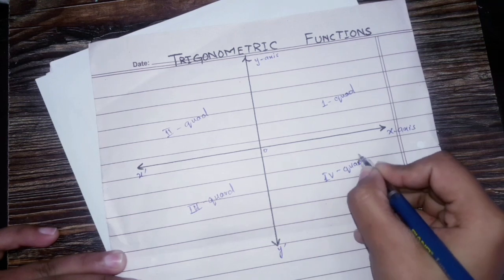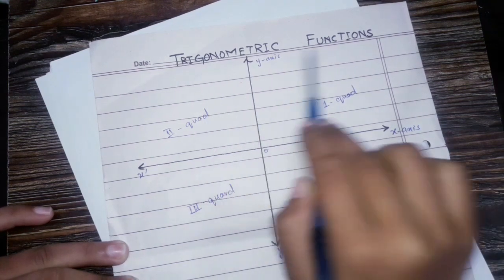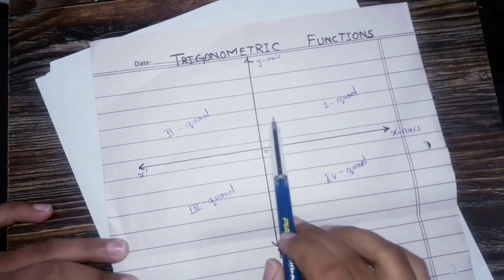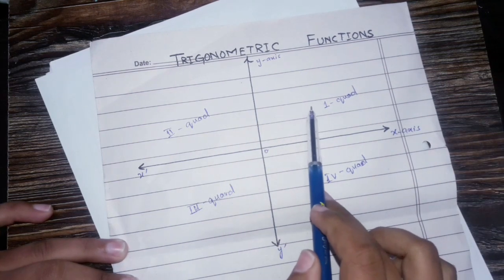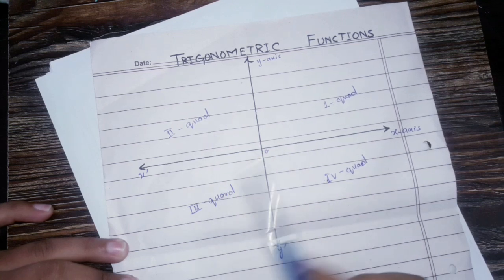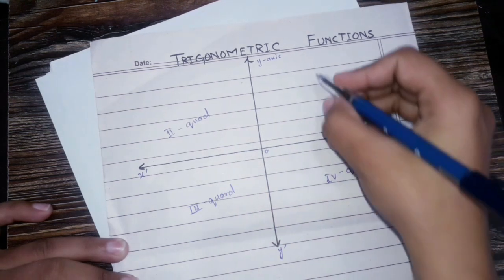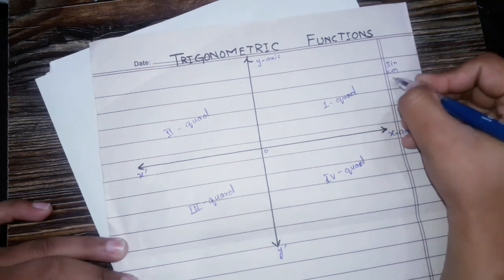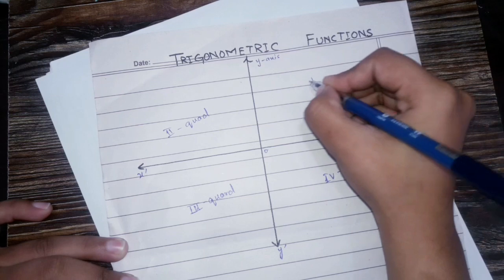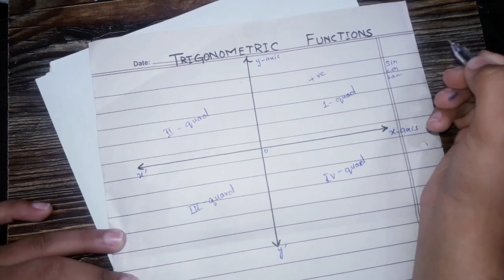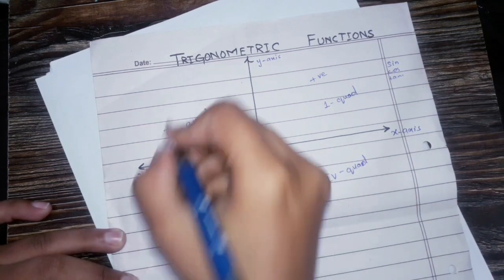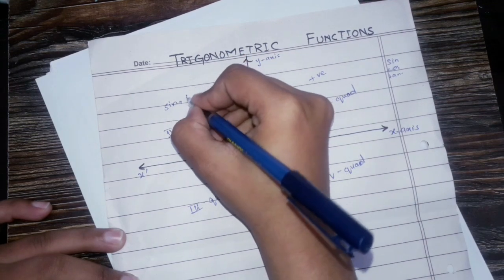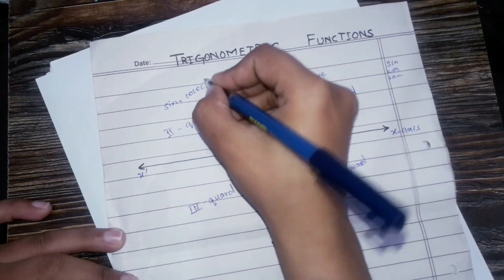quadrant. As we are discussing trigonometric functions, we will see how the sign changes when we move from the first quadrant to the second and from the second to the third. In the first quadrant, all the trigonometric functions like sine, cos and tan are positive. In the second quadrant, sine and its reciprocal cosecant are positive.